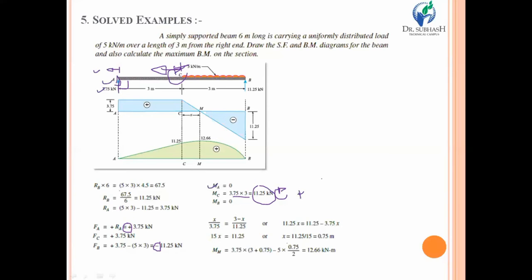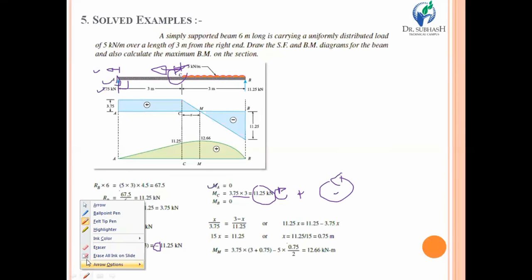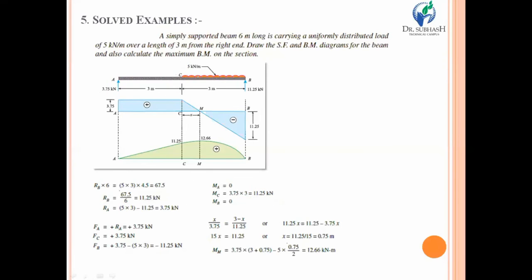And suppose you are finding that there is a simply supported beam and moment is acting in anti-clockwise direction, you should take it as negative. So over here at section C, the bending moment acts in clockwise direction, that's why it is taken as positive.